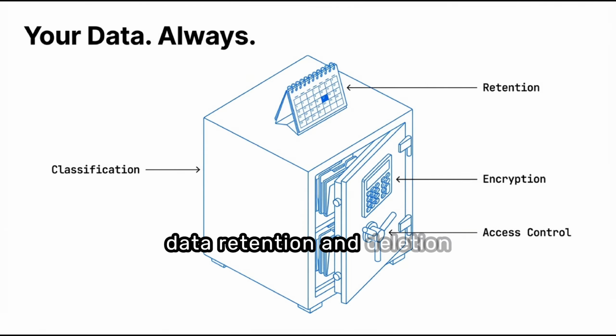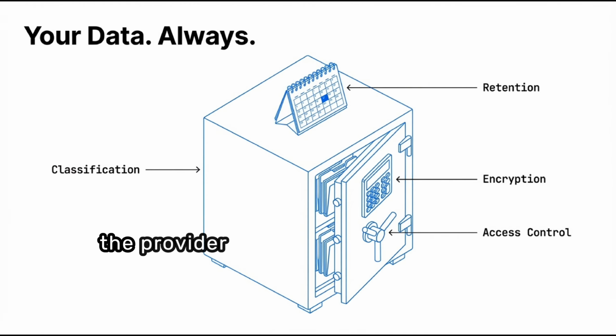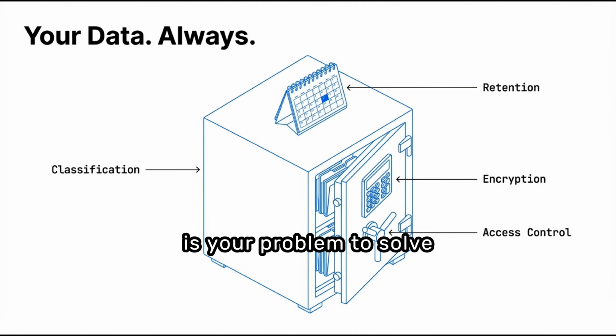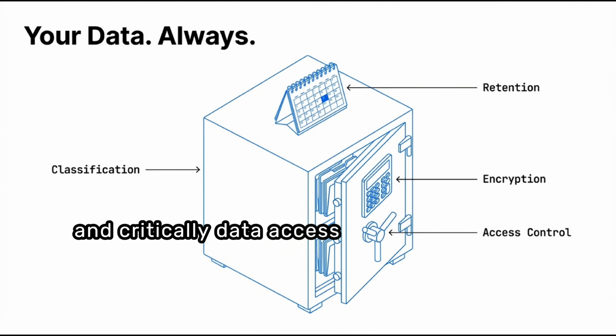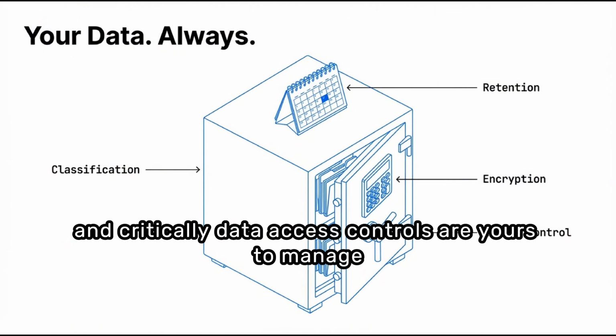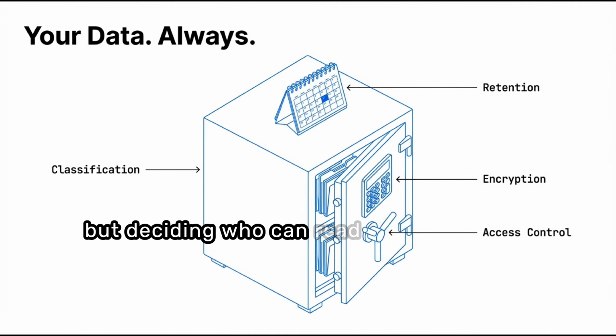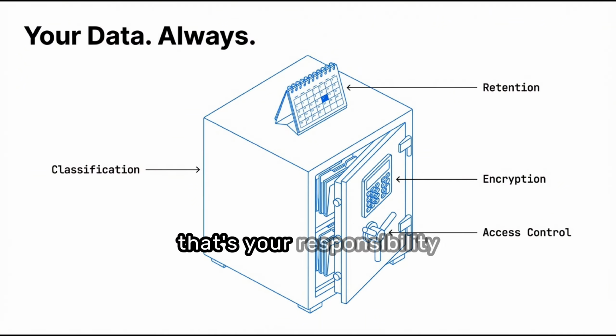Data retention and deletion are customer responsibilities. How long do you keep data? When do you delete it? The provider will store your data forever if you keep paying the bills. Compliance with data retention regulations is your problem to solve, and critically, data access controls are yours to manage. The provider gives you granular permission systems, but deciding who can read, write, modify, or delete data, that's your responsibility.